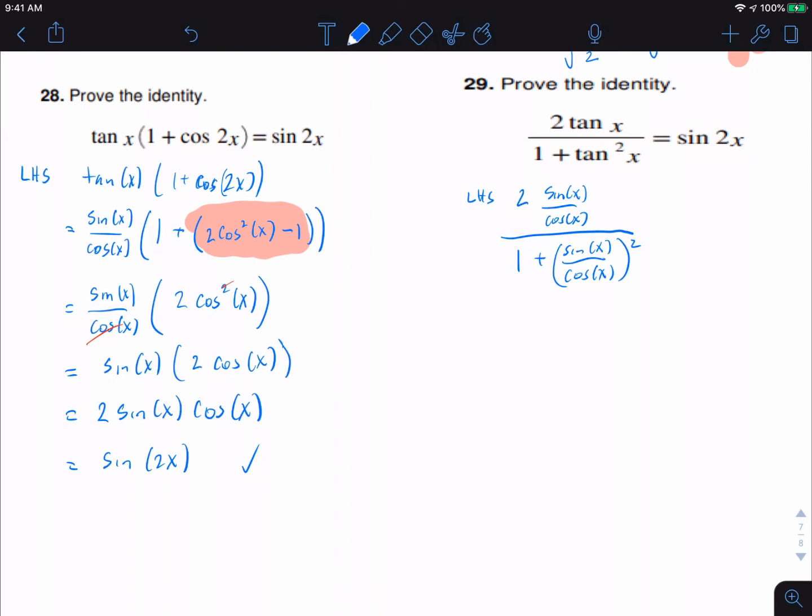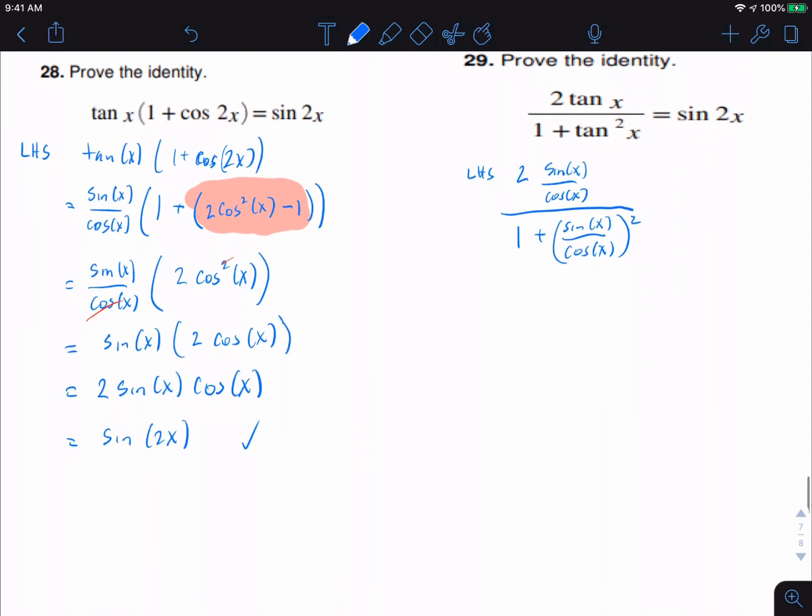And then from here, I'm going to just try to clean this up. And so cleaning this up, I'm going to get 2 sine of x over cosine of x, and then the denominator, I'm going to get 1 plus sine squared of x over cosine squared of x.